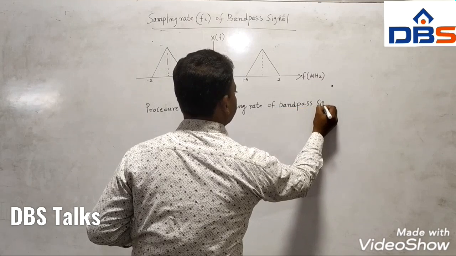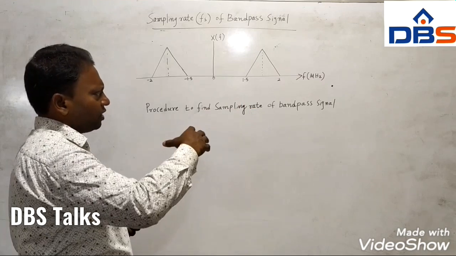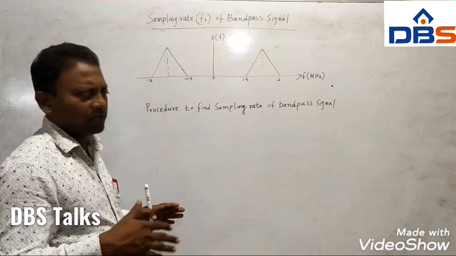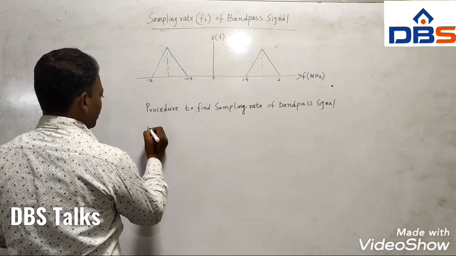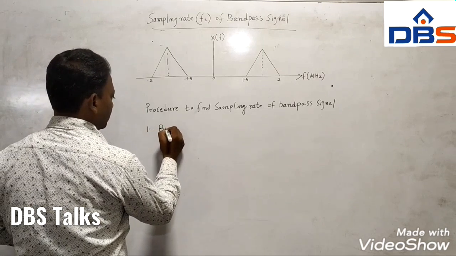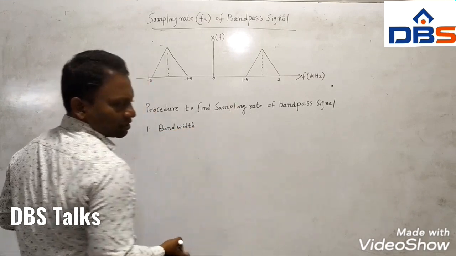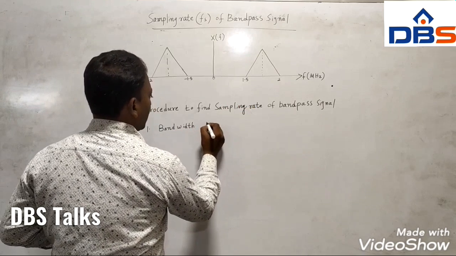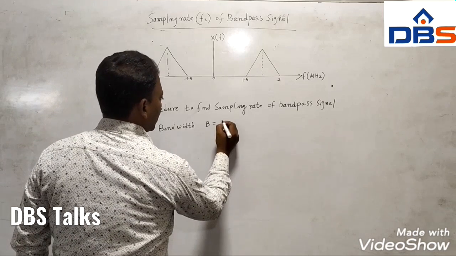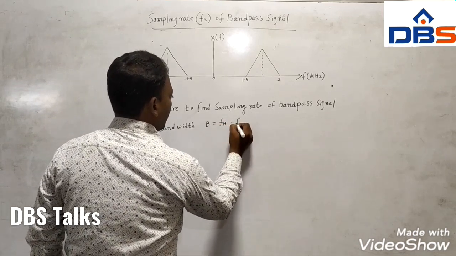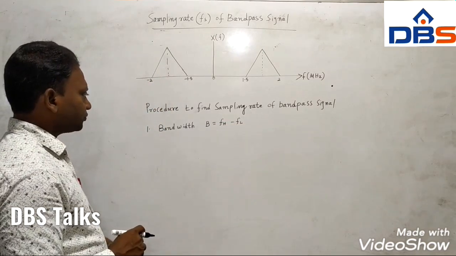If you want to sample a band pass signal, we have a different criterion for the sampling frequency. To find that, first you find the bandwidth of the given band pass signal. I use B to represent the bandwidth. Bandwidth means high frequency minus low frequency. First you find the bandwidth.